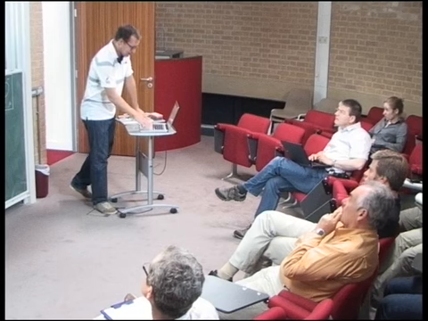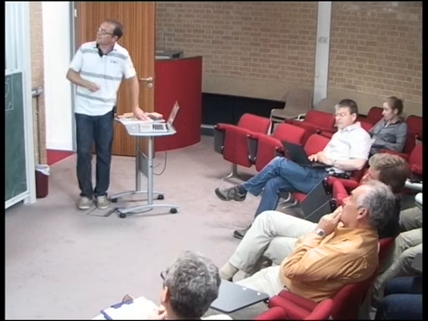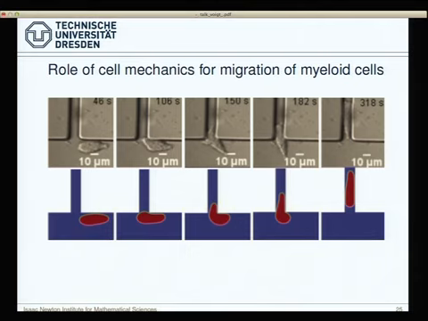This is pretty much work in progress, but there are some first semi-quantitative agreements. This is the cell they have, and there's some chemotaxis signal, so the cell really wants to move into this small channel. It has to deform quite a lot to do this, and depending on its mechanical properties, it can or can't.